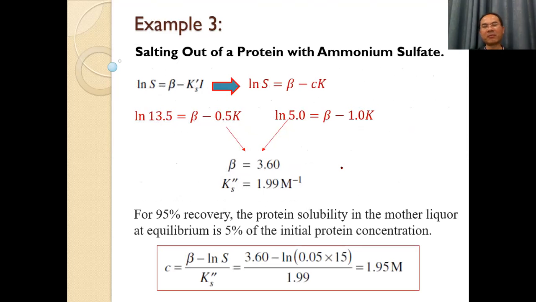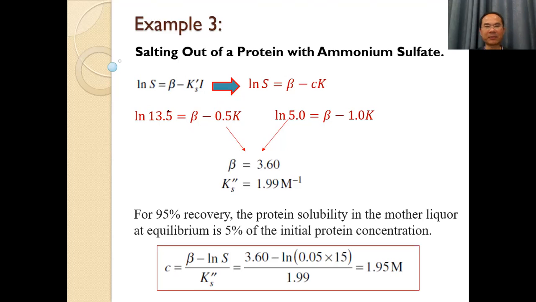Okay, for this case, we go back to the general equation: log S equal to beta minus K multiplied by the concentration. You can express it in this way.